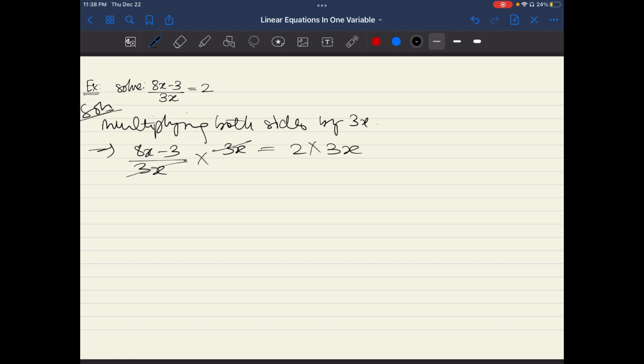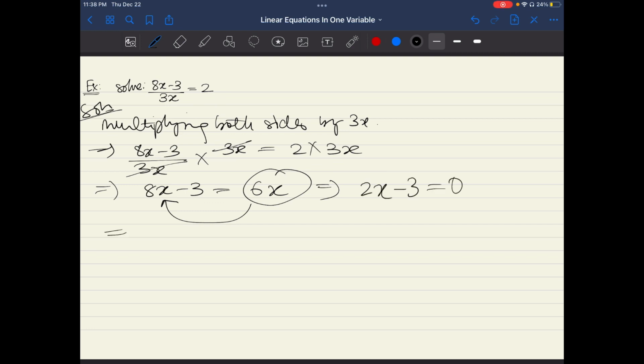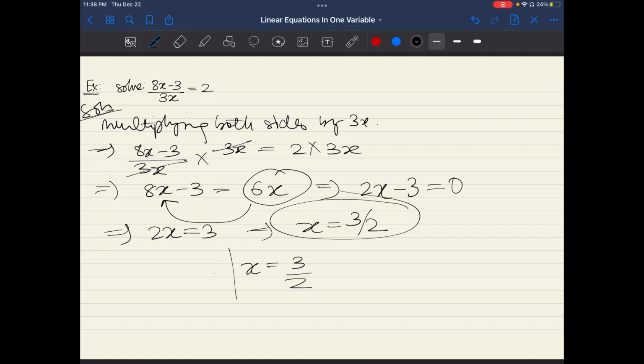We get rid of the x from the denominator completely, and we're left with 8x minus 3 equals 6x, which implies transposing 6x to the other side. We get 2x minus 3 equals 0, or 2x equals 3, which implies x is 3 over 2. Therefore, the value of x in this case is 3 over 2.